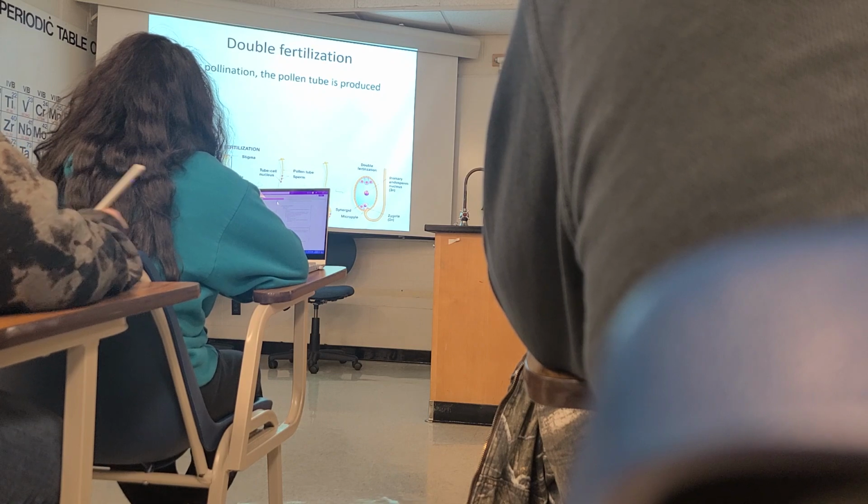So what happens after pollination occurs in an angiosperm is you get your pollen grain up here, okay, it sticks on the top of the stigma, the pollen tube is sent down to the bottom, all the way down here. It's going to burst one of these two synergid cells on either side of the egg cell here, and it's going to release both of the sperm into this area right here. So remember that generative cell is making two sperm. Okay, so both of those sperm are getting delivered.